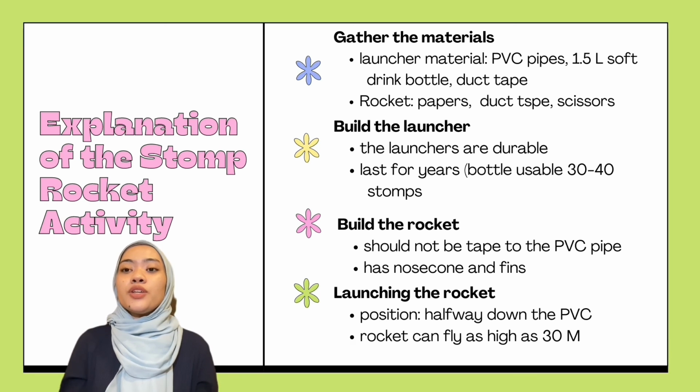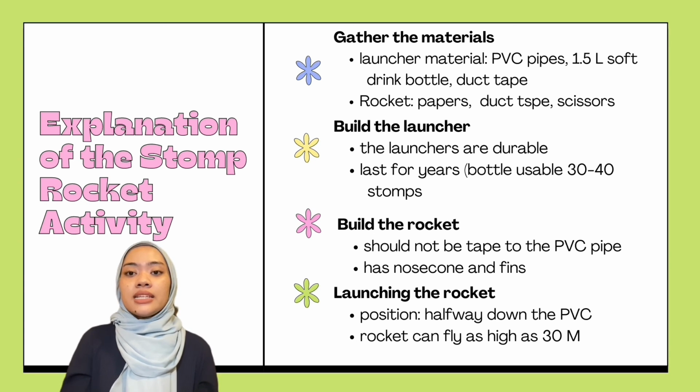The launchers are durable and will last for years, and the plastic bottle is usable for 30 to 40 stomps. Therefore, 4 sets of launchers are enough for a class of 30. Students have to put one end of the tubing into the neck of the plastic bottle and create an airtight seal with the duct tape.